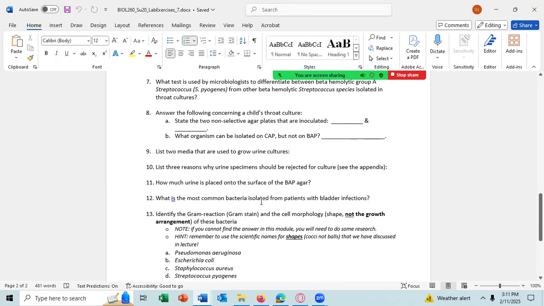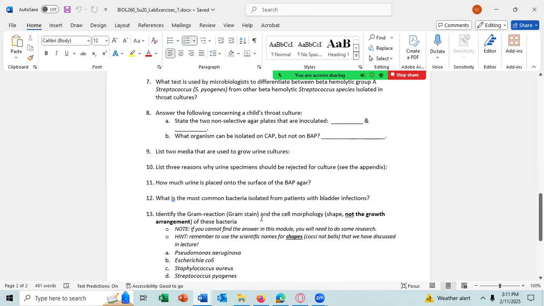All right. So question number 11, how much urine is placed onto the surface of the blood agar plate? And 12, what is the most common bacteria isolated from patients with a bladder infection? Once again, you must name the species.